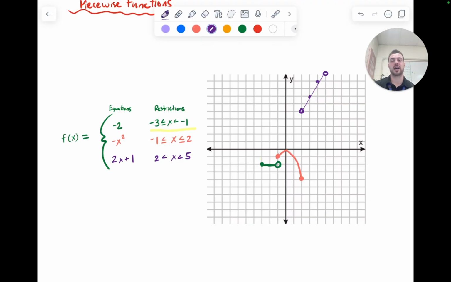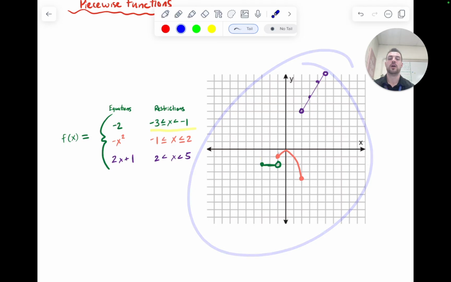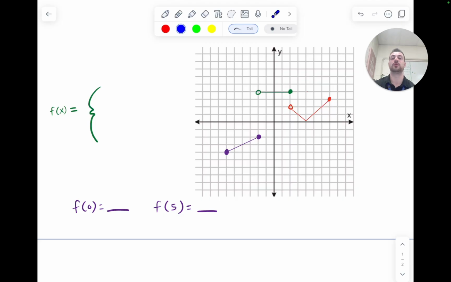Now, on the flip side, we have this situation where they give us the equations and the restrictions, and we need to go ahead and do the graph on our own. But we could also have the other side where they give us the graph, and we need to write the equations and the restrictions. Same idea. It shouldn't be overly complicated because we should know how to write equations for each of these situations.